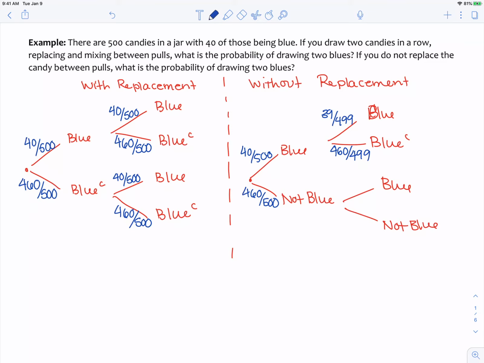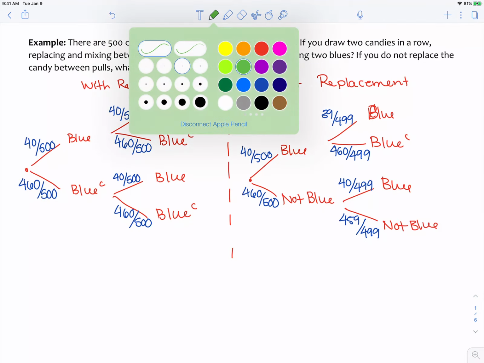Likewise, if we take a not blue candy out of the mix, that's still going to leave us with 40 blue, but out of 499 total, and 459 not blue out of 499. And those should add to 1. So we see that we have a change in probability as we go from one step to the next.